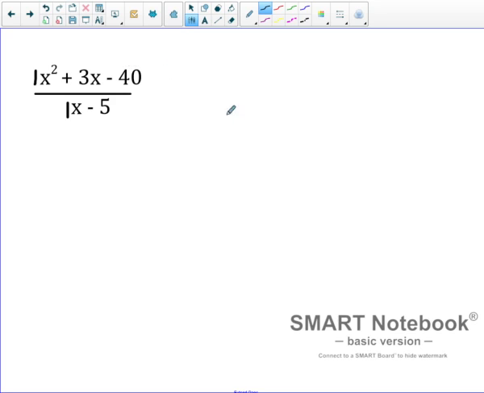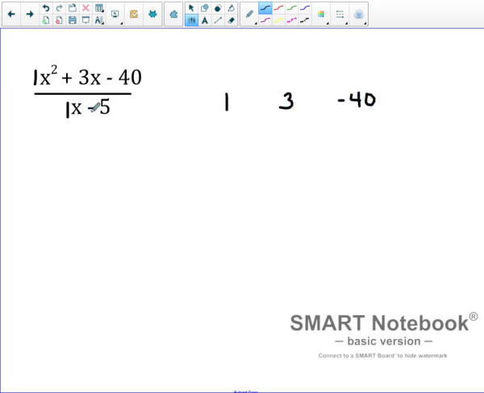So to set this up, we're just going to first of all start by writing the coefficients of the numerator. Okay, so I'm just going to write these numbers out: 1, 3, and negative 40.